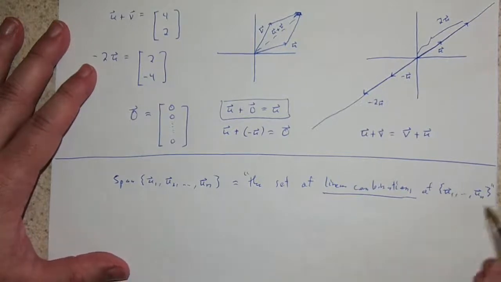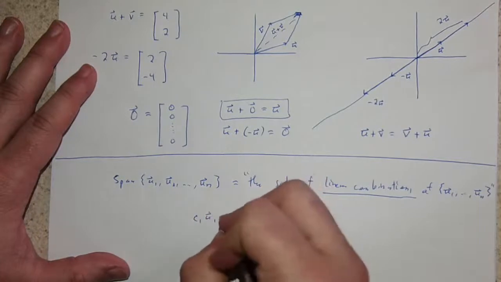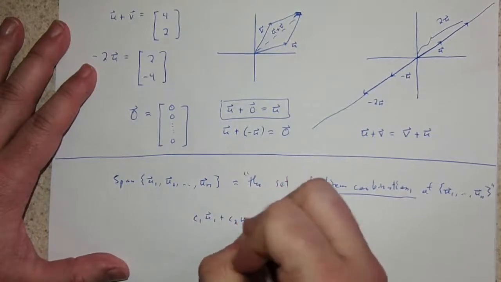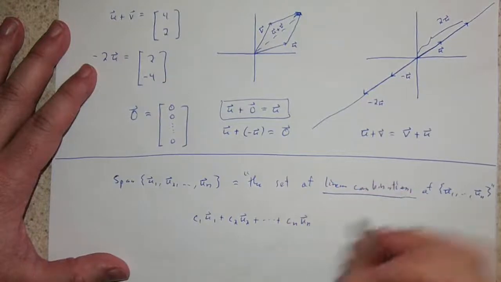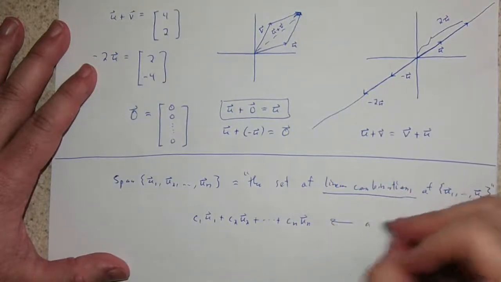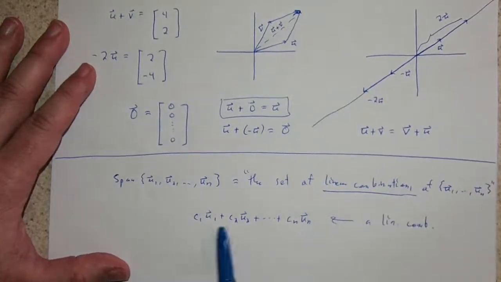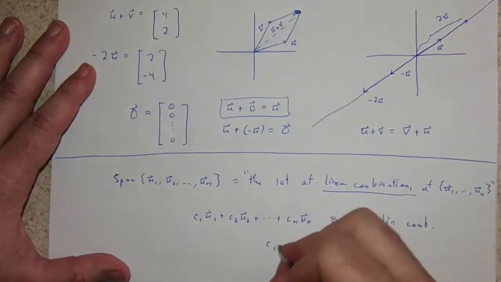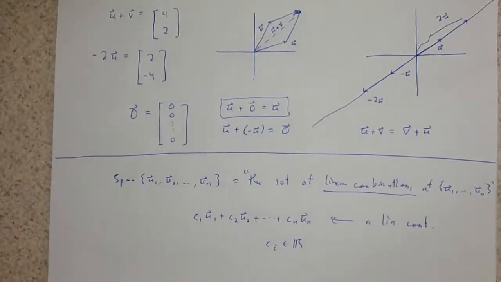A linear combination of a set of vectors is something that looks like this. What makes it a linear combination? All these are constants, right, and I'm just adding all those constants times vectors together.